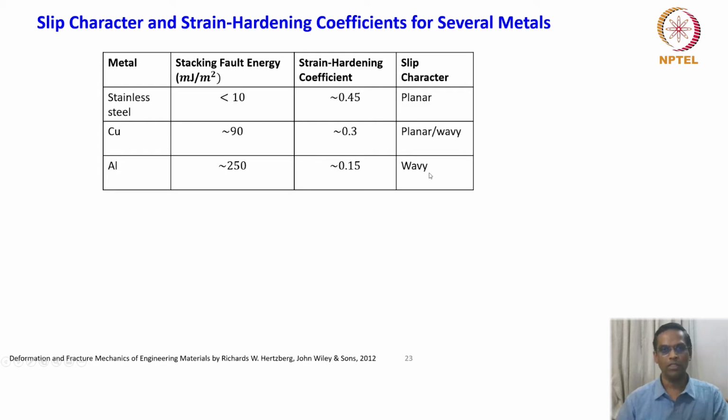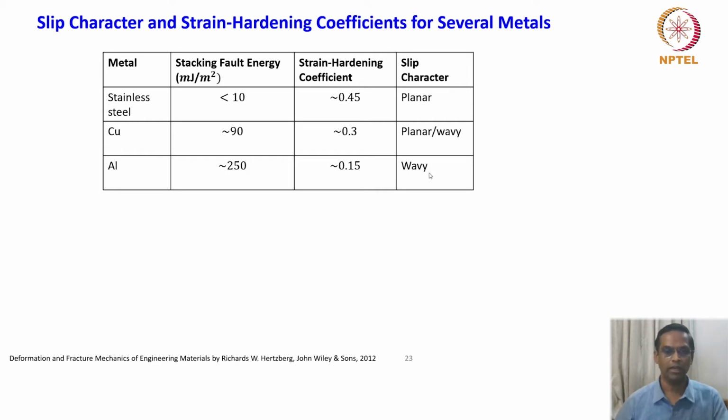So now we have to just look at the individual deformation characteristics of each of these metals. The table basically summarizes the material having two extreme cases of stacking fault energy. Of course, copper is having some middle range. So how is this going to determine the deformation characteristic of these materials?